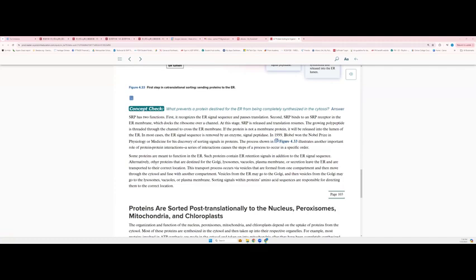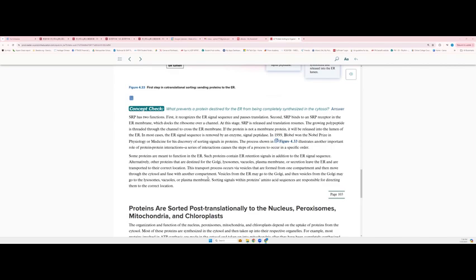Alternatively, I should mention other proteins that are designated for the Golgi, lysosome, plasma membrane, or other organelles. They leave the ER and are transported to their correct location. This transport occurs through vesicles that form from one compartment, move through the cytosol, and fuse with another compartment. So this chart is only for ER protein synthesis.